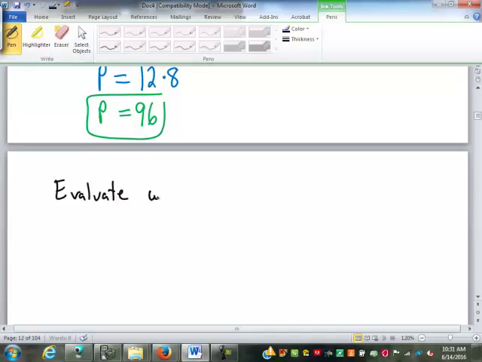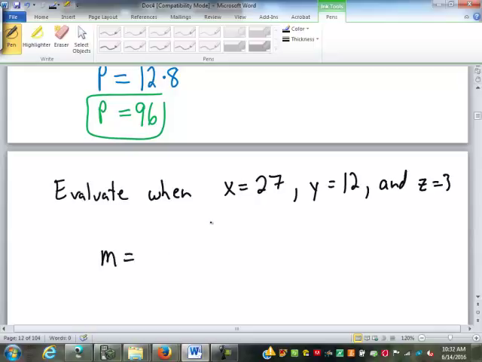Let's do a little bit different wording here. Evaluate when x equals 27, y equals 12, and z equals 3. In fact, I don't have to have the M equals in front. We're going to leave that off for now. Well, how would we evaluate this?